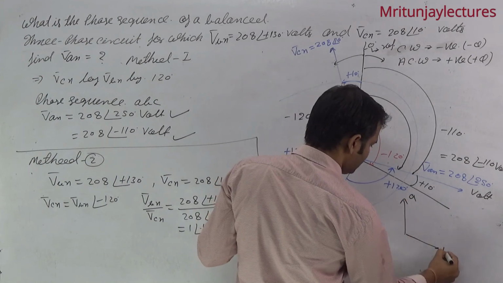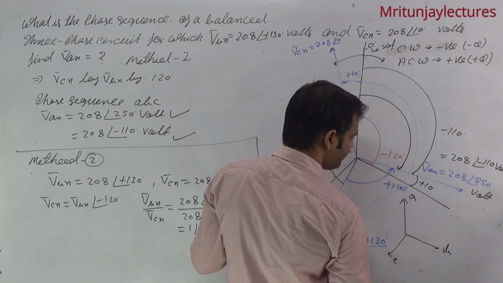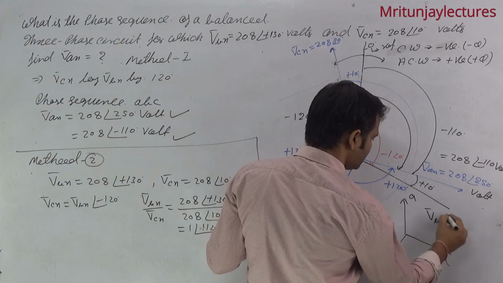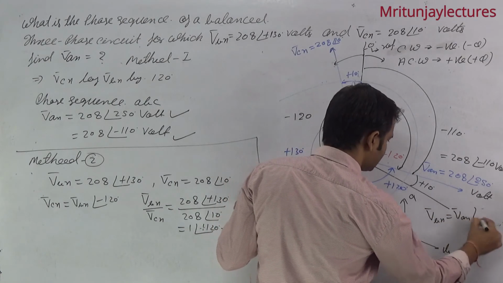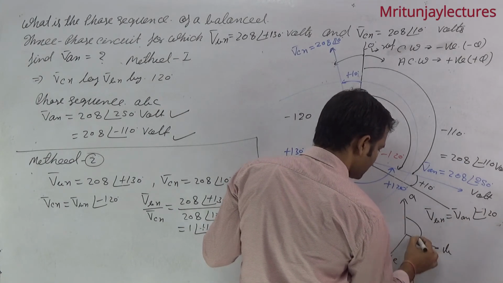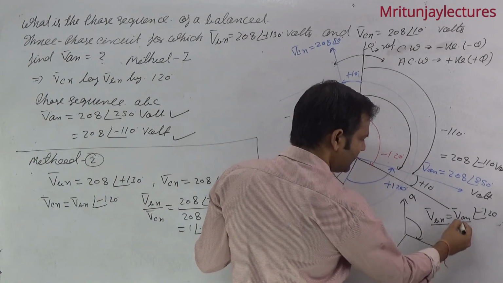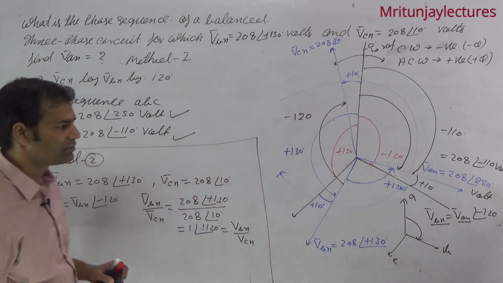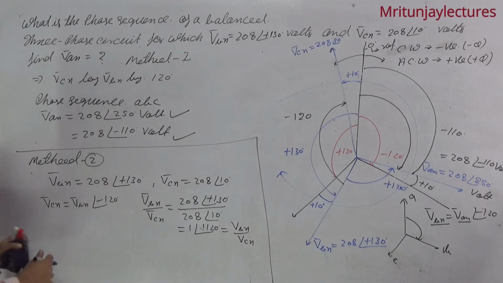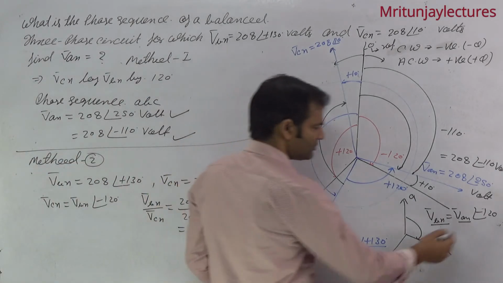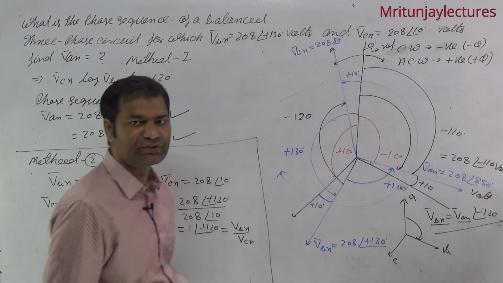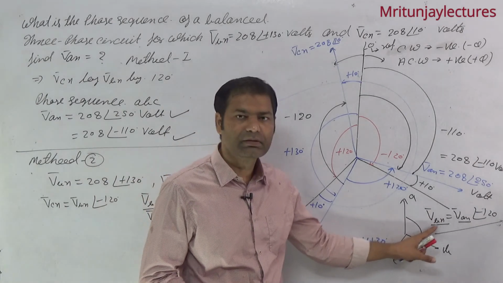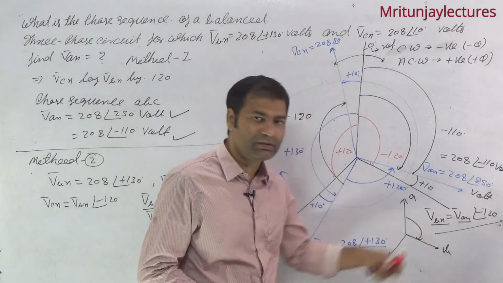For A, B and C, VBN is written as VAN at the angle minus 120. It means BN lags AN by how much angle? 120.